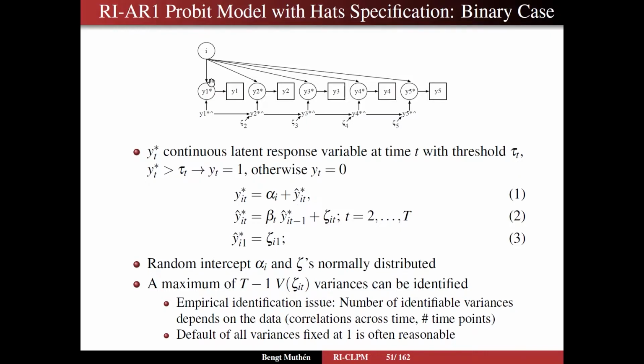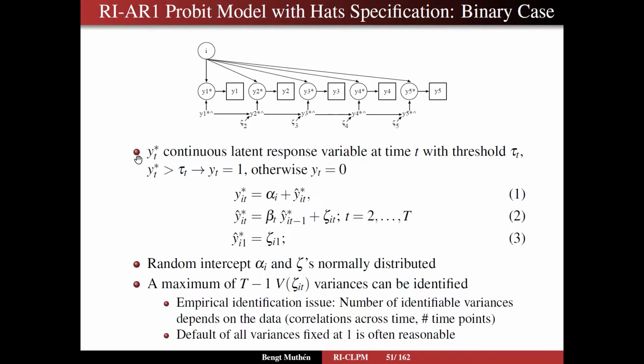And the dynamic relationship is among the residuals of those y star variables to have the separation of within person and between person variation. There are no direct effects between the y star variables, no direct effects between the y variables, but the direct effects are all among the y hat variables, the residuals.